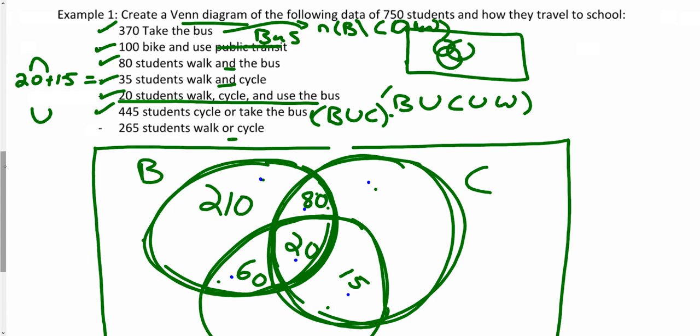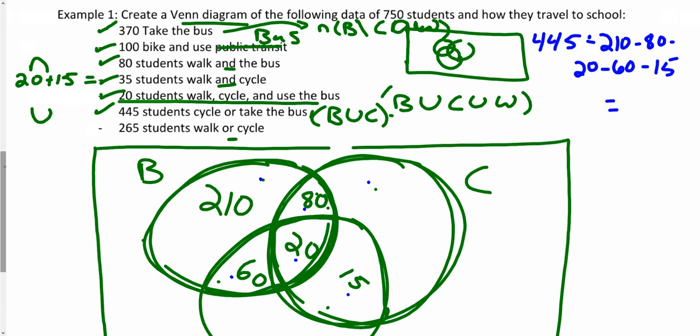So what I'm going to do is go 445 minus 210 minus 80 minus 20 minus 60 minus 50.